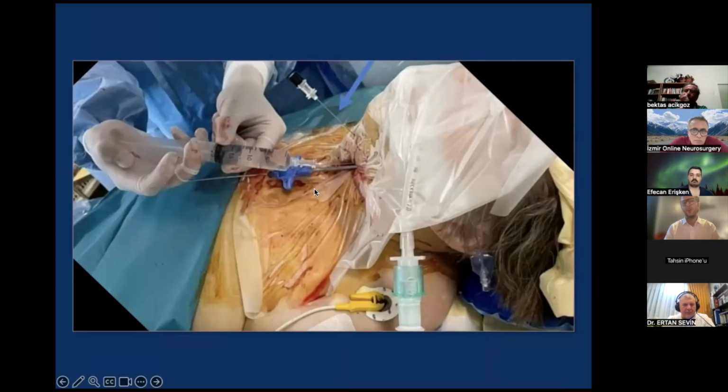And afterward, because of the screw, we were afraid to damage the surrounding nerves or vessels. So we performed a hydrodissection.